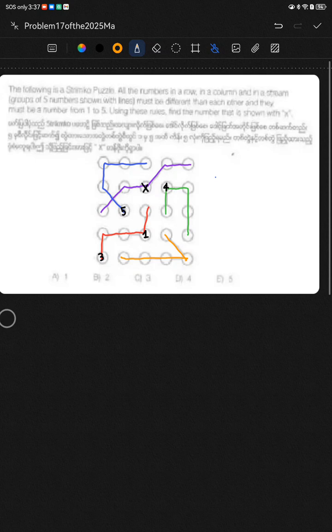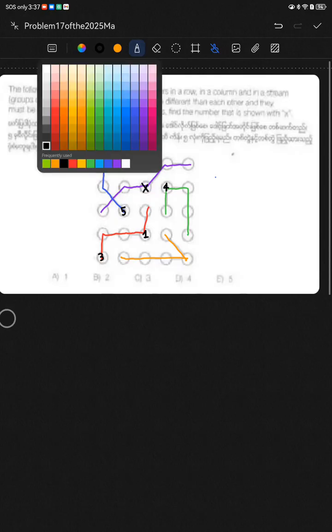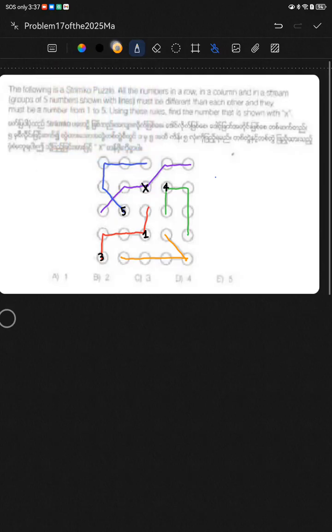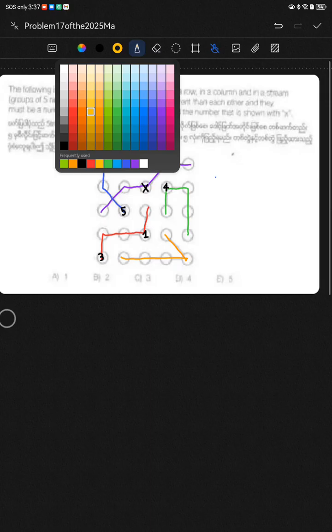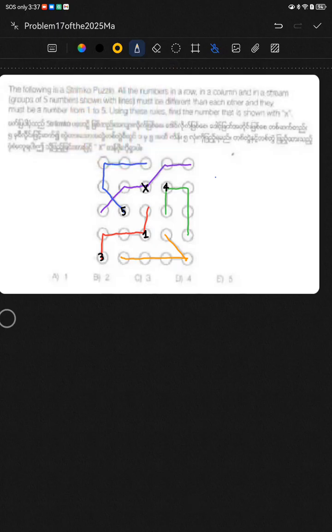So first, we can easily deduce that X can neither be 1 nor 4, because X is in the same row as 4 and in the same column as 1, and using the first and second rules mentioned before, X must be different from those numbers.